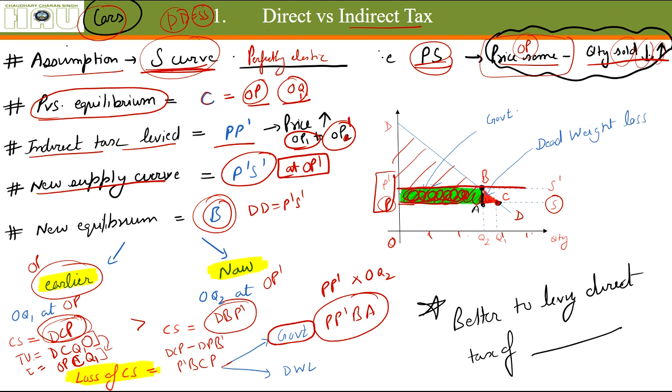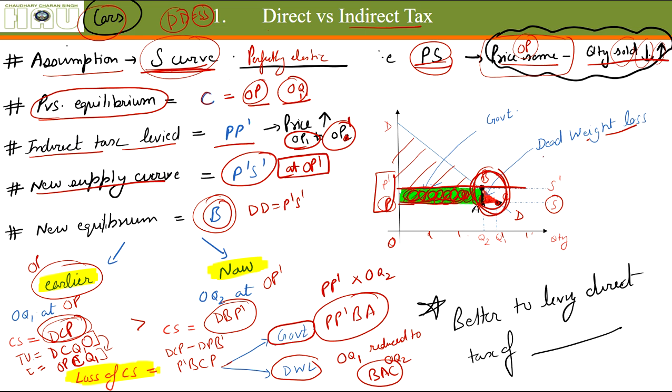But due to the price increase, the quantity bought reduced from OQ1 to OQ2. So this BAC area is called deadweight loss. That means there has been a loss to consumers which did not go to the government.